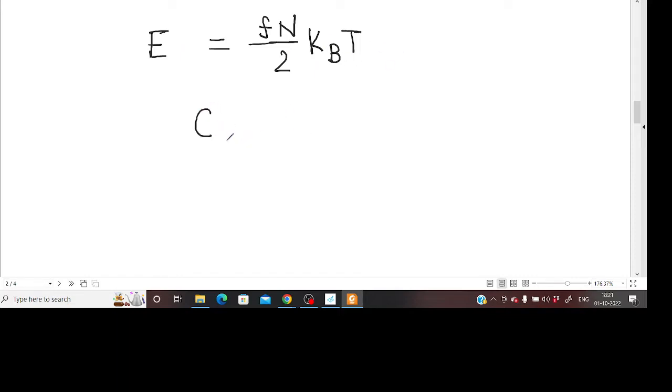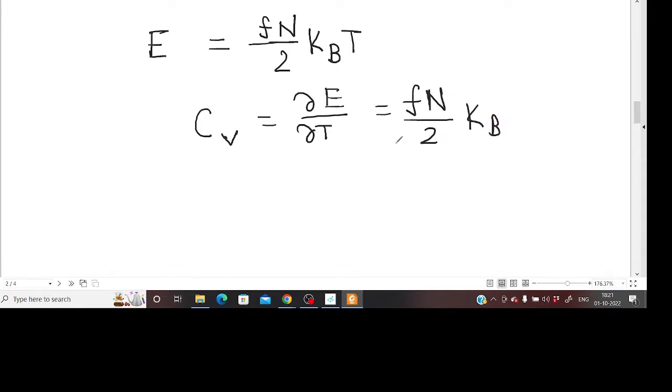Yes, sir. So if you calculate the specific heat, then it will be this thing. But it's not important in our problem.